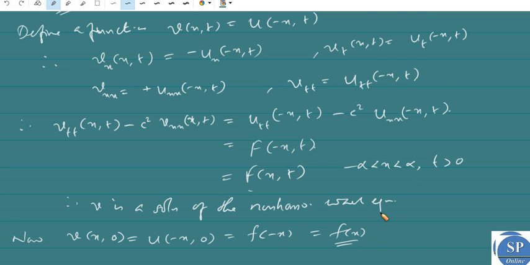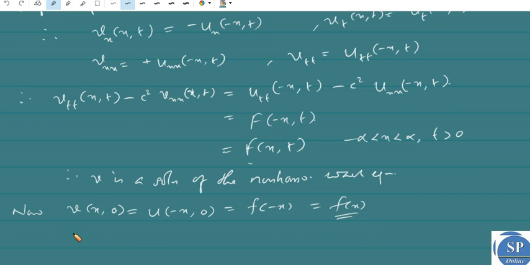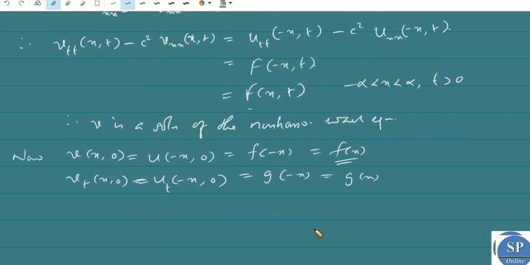Okay, and the second condition is v_t of x, 0, which is equal to u_t of minus x comma 0, which is nothing but g of minus x, which is equal to g of x, because g is also an even function. So v also satisfies the initial conditions.